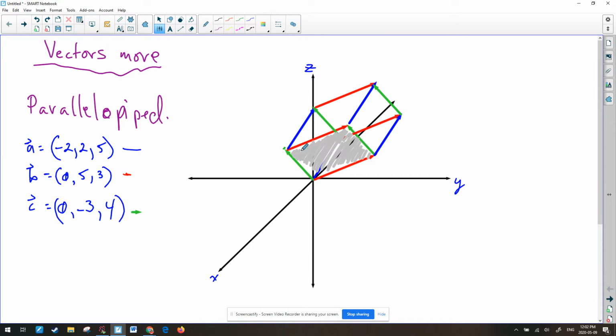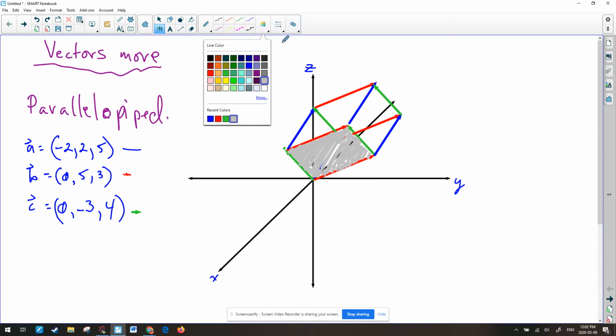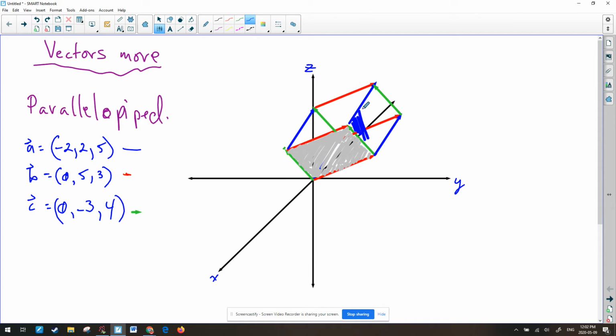So here is a face, right? And I would have changed the opacity if I could have. But there is one face, and then if I grab another color, this color, there is another face, right?